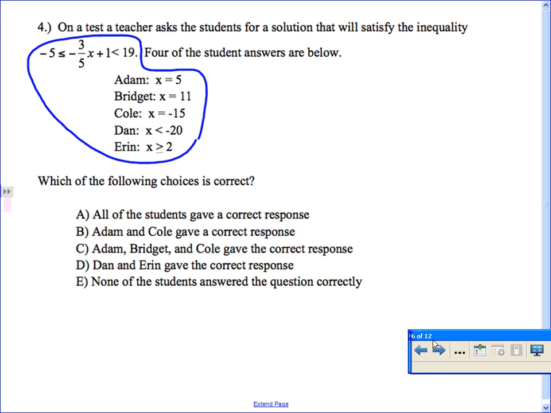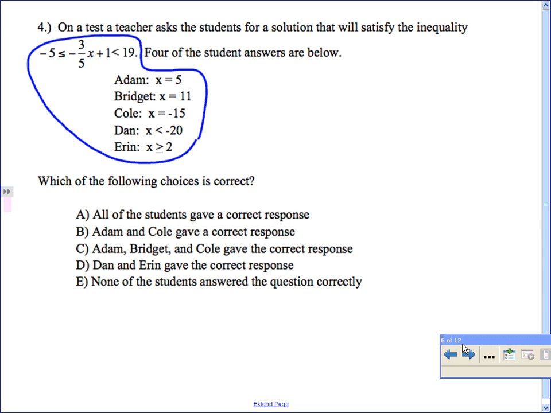on a test, a teacher asks the students for a solution that will satisfy the inequality negative 5 less than or equal to negative 3/5 x plus 1 less than 19. 4 of the students' answers are below. So we need to figure out which of the following choices are correct.